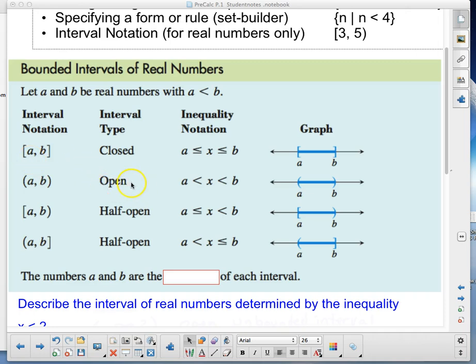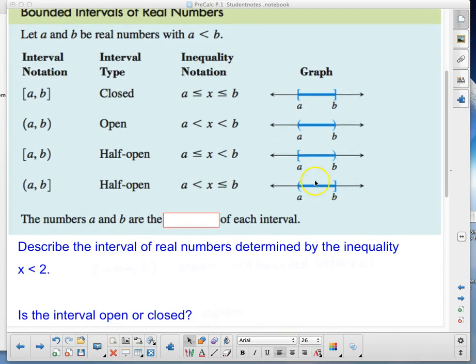Now when it's open, it's not "or equals," and we've got a left parenthesis and a right parenthesis, and this is what our graph will look like. A half open set is closed on one end and open on the other. That's where the half open comes from. But we have specific numbers, a and b, that we can start and stop at. And the same idea for this notation of open and closed, that we have specific numbers a and b.